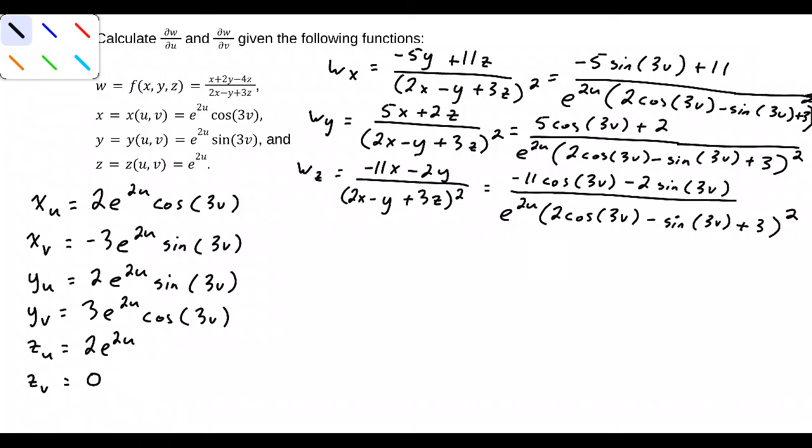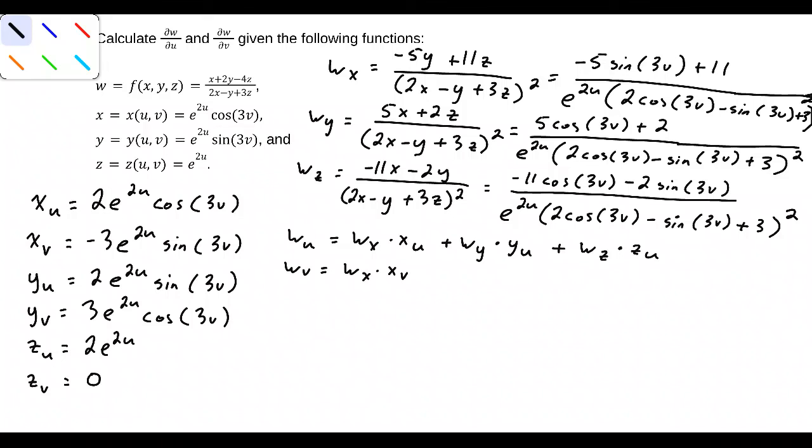Now, for the chain rule itself, we know that the partial of w with respect to u is equal to wx multiplied by xu, plus wy multiplied by yu, plus wz multiplied by zu, and wv equals wx multiplied by xv plus wy multiplied by yv plus wz multiplied by zv.